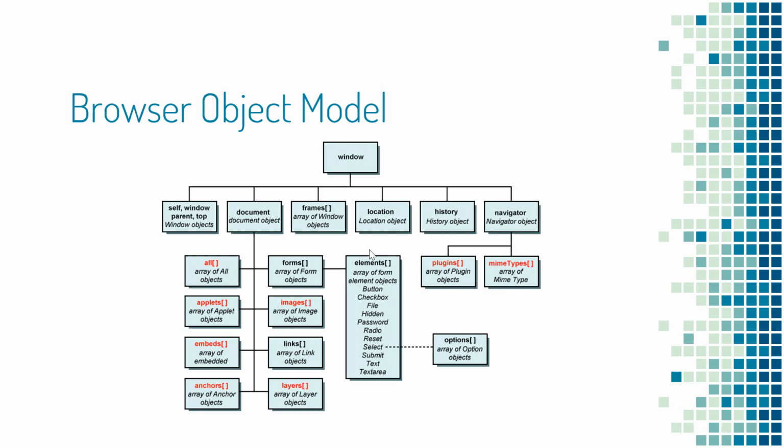The browser object model: each browser provides tons of information that a web developer can use to achieve a specific task. So for example, back in the day, we used to have interaction boxes such as an alert box, or a confirmation box.